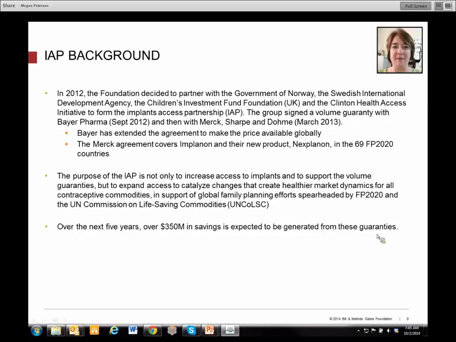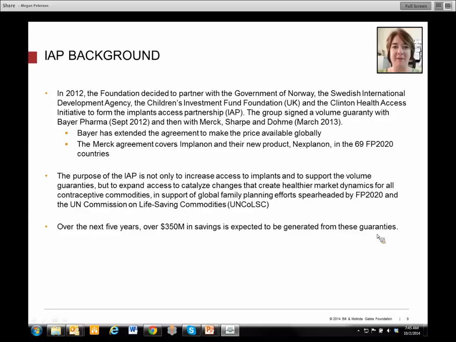So there was a movement and discussion and finally negotiation with Bayer and with Merck, MSD, to establish a volume guarantee, which basically means guaranteeing that a certain amount of implants would be procured every year between 2013 and 2018.